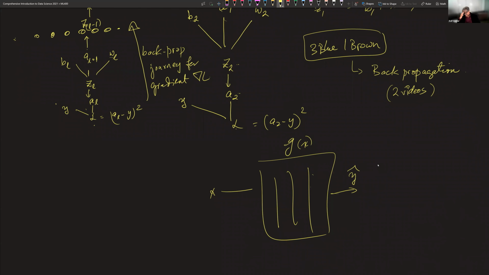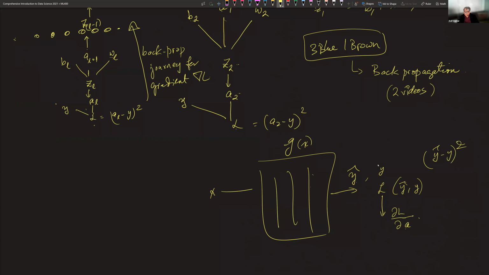Now this prediction you can compare to the reality Y to create a loss, which is a function of Y hat and Y. Here I took (Y hat minus Y) squared, some squared error loss, but whatever function it is doesn't matter. When I can compute the loss, I can compute the gradient of the loss with respect to the activation of the last layer.